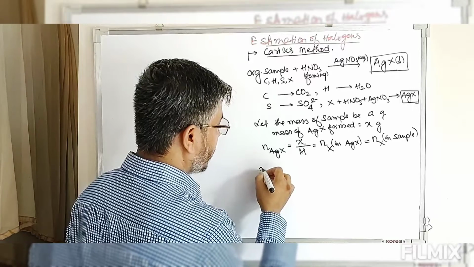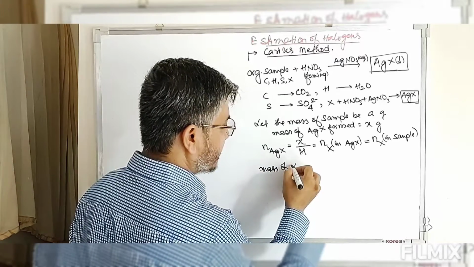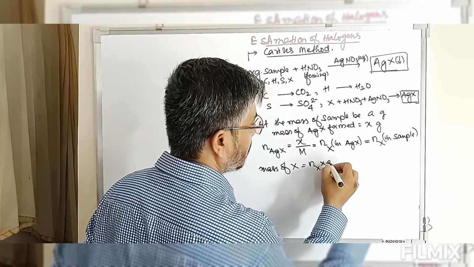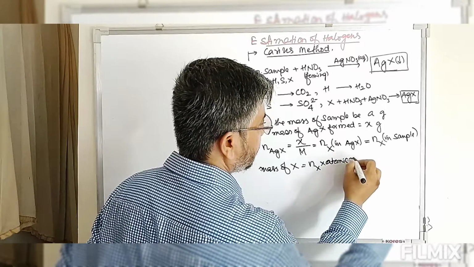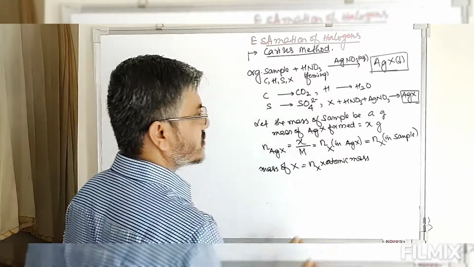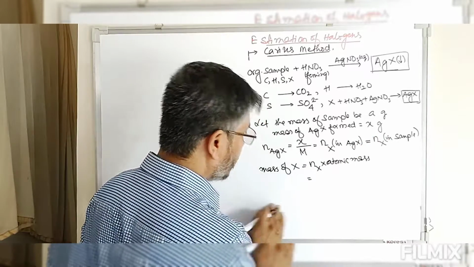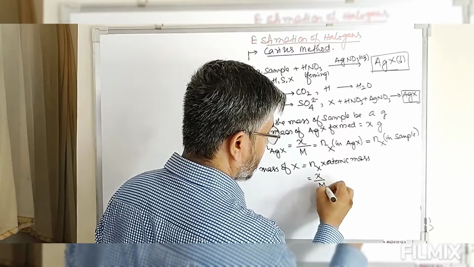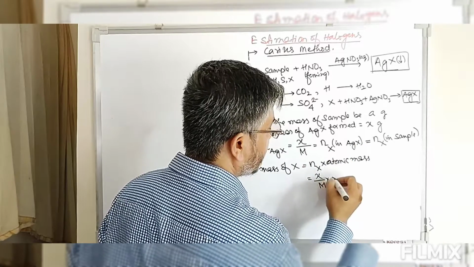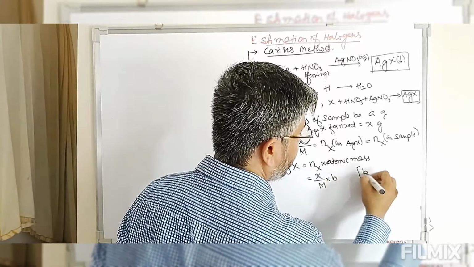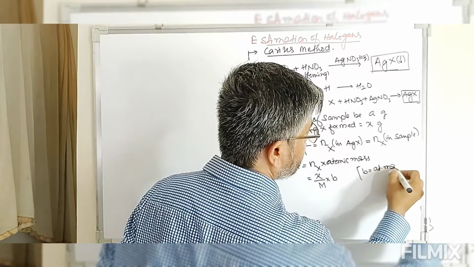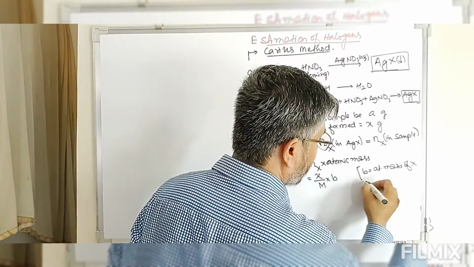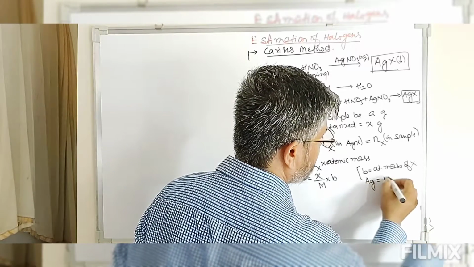Therefore the mass of halogen, mass of X, is equal to the number of moles of halogen into atomic mass. So the number of moles is equal to x by m, and let's suppose the atomic mass of X is B. Then the atomic mass of silver is 108.